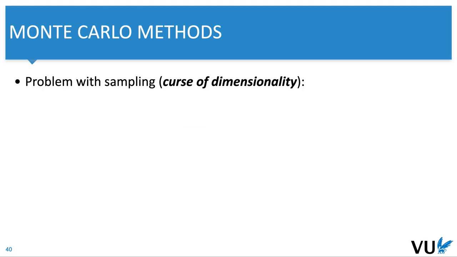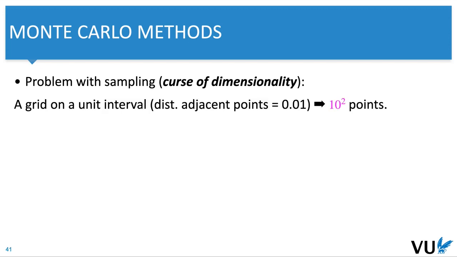So what is the problem with sampling, okay? In the previous slide, with approximating pi, we were just sampling uniformly, right? We sample more and more and more points. But the problem is the curse of dimensionality, okay?